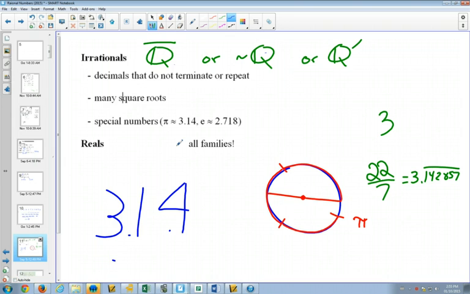Okay. So those are our irrational numbers. They include pi and many square roots, like the square root of 2, which is an irrational number. The square root of 3 is an irrational number. The square root of 4 is not an irrational number. Why isn't the square root of 4 an irrational number?